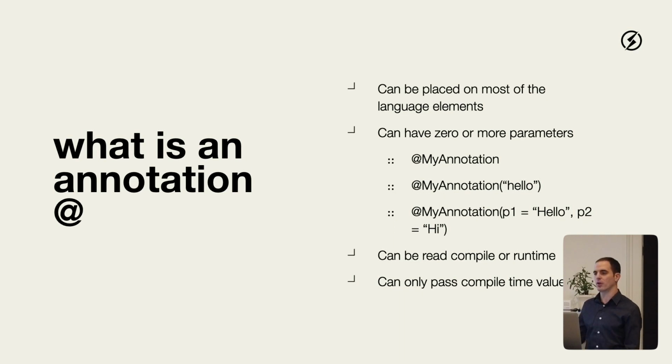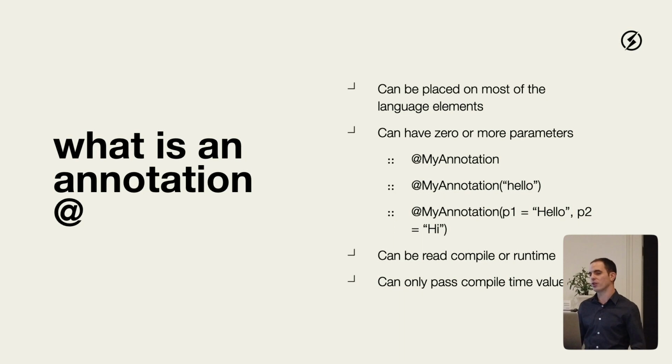So you can put it on a class or a function parameter. An annotation can be useful by itself, but you can also add one or more parameters to it. If you have only one parameter, which is called value, then you can use the simplest notation, in the second line, where you can just add the parameter. But if you have multiple parameters, you have to write out the parameter names explicitly and then the values.